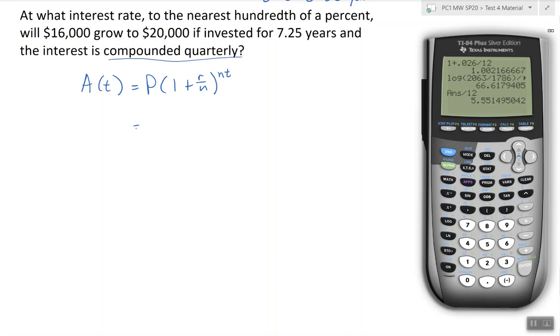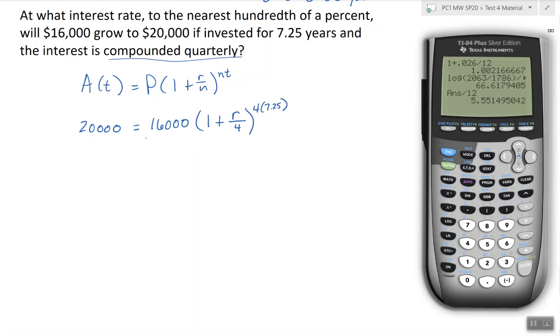And we fill in what we know. We have $16,000, and we want it to grow to $20,000. And 1 plus, we don't know what the rate is, so that's going to be our variable to solve for. And it's compounded quarterly, so that means 4 times a year, to the 4 times 7.25, the number of years.